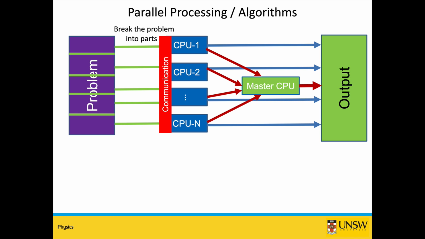So oftentimes there's communication involved for solving physics problems, and such communication creates non-ideal scaling. So you want to minimize the communication as much as possible. So the total time won't be 1 second anymore. In the example that I showed, it will actually be greater than 1 second because of communication.